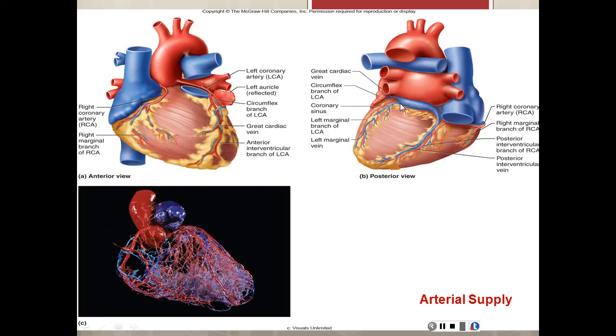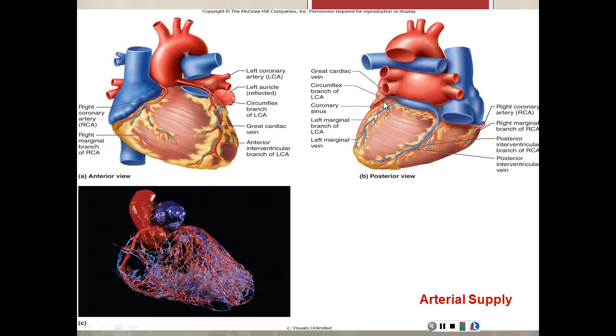Here it is. Here's my left one. So here's the sulcus right here. I'm sorry, right here, not this sinus. I'm mixing up the two. This is the sinus, but this here is the sulcus, the coronary sulcus. When I talk about sulcus, it is basically a bunch of blood vessels that are together but they start branching off.